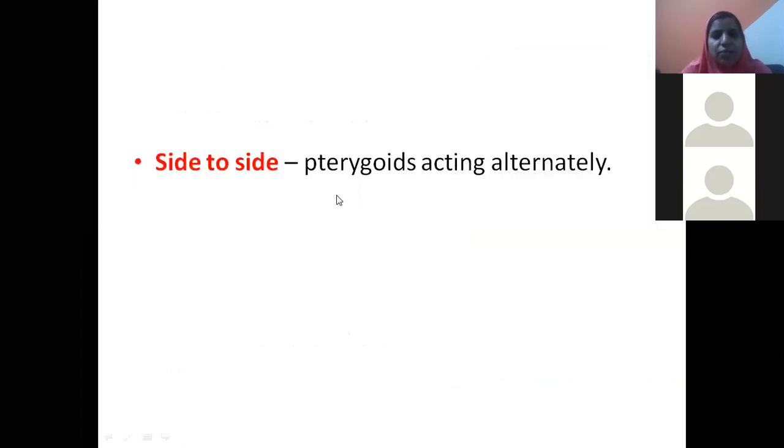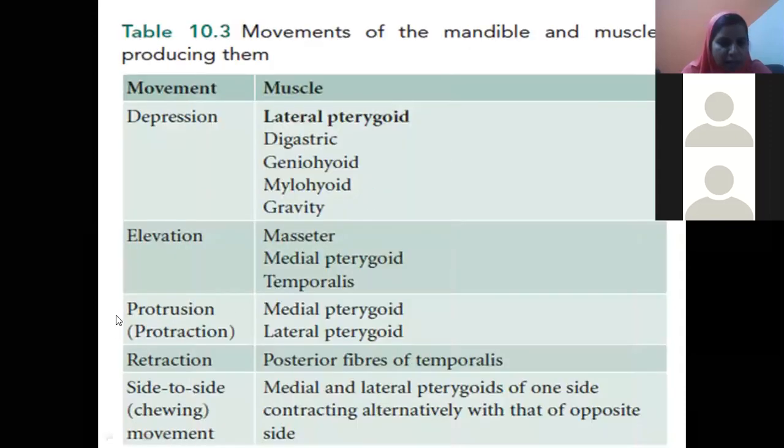Side to side, both medial and lateral pterygoids act alternately. This table I have taken from Vishram Singh again. You can see depression, the list of muscles: lateral pterygoid, digastric, geniohyoid, mylohyoid, gravity. Elevation: masseter, medial pterygoid, temporalis. Protrusion: medial and lateral pterygoid. Retraction: posterior fibers of temporalis. Side to side: medial and lateral pterygoids.